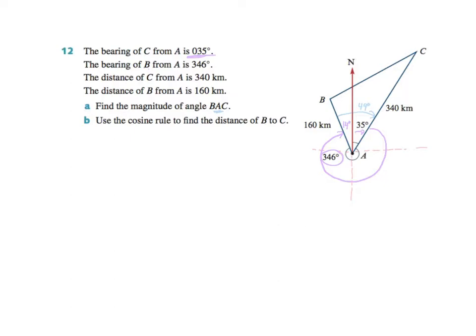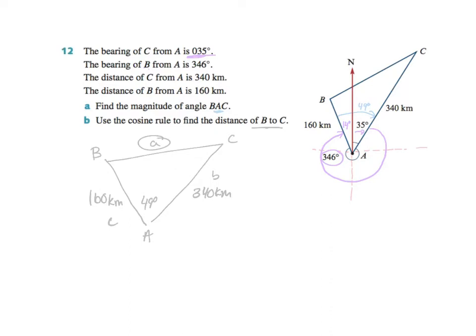So find angle ABC, we just did that, and then use the cosine rule to find BC. So if I just simplify the triangle that we've got, we've got A, B, C, and we're saying that's 49 degrees, and we know this is 340 km, and this is 160 km. So if you label this as little b, little a, little c, they want BC. For me, that's little a.